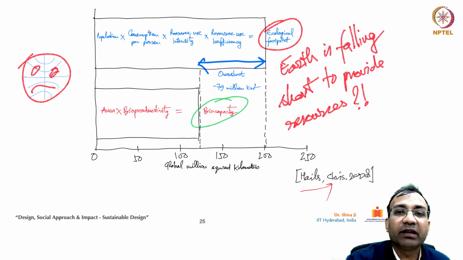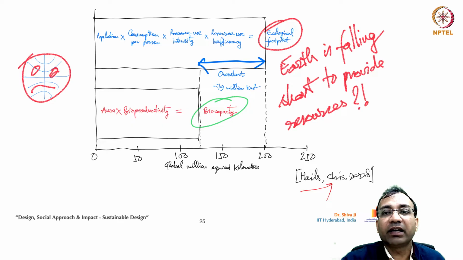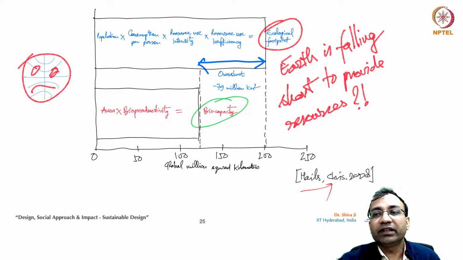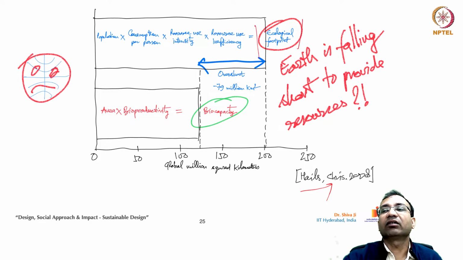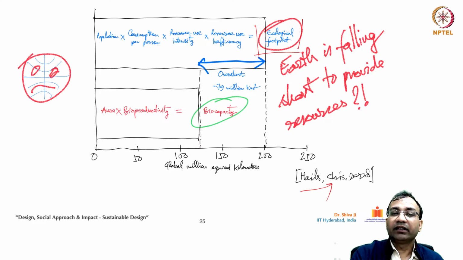Population multiplied by consumption per person multiplied by resource use intensity multiplied by resource use inefficiency gives you the ecological footprint. And area times bioproductivity is biocapacity.